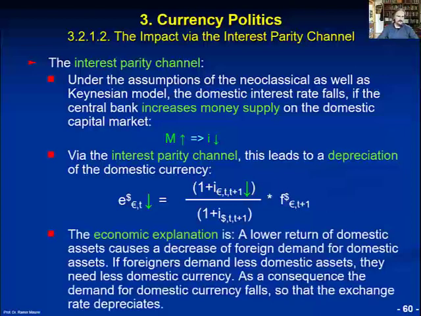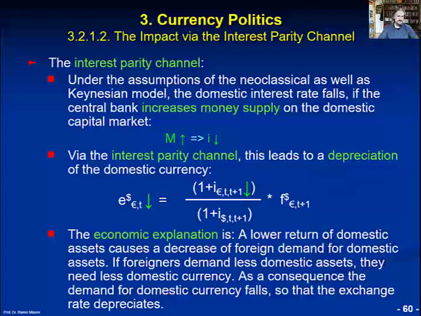Why is this the case? What is the economic explanation for this? This is the equation. If the equation is valid, then this reaction will be observable, but the question is why? What is the economic explanation? Now, a lower return for domestic assets causes a decrease of foreign demand for domestic assets.